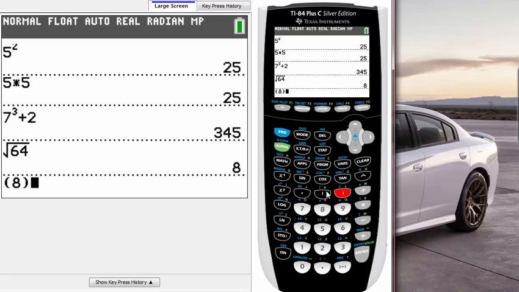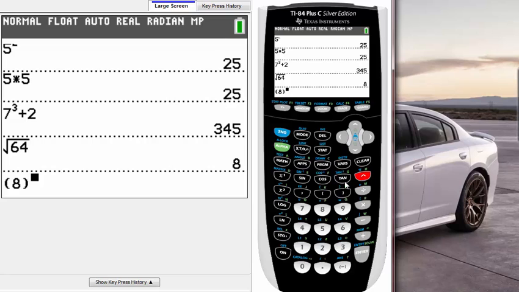So what I would recommend you guys to do is put parentheses as much as possible when you're doing complicated problems, because that helps a lot with getting an accurate answer.